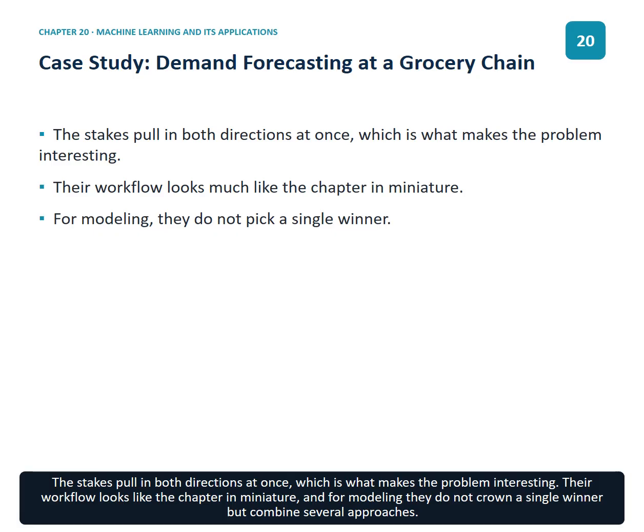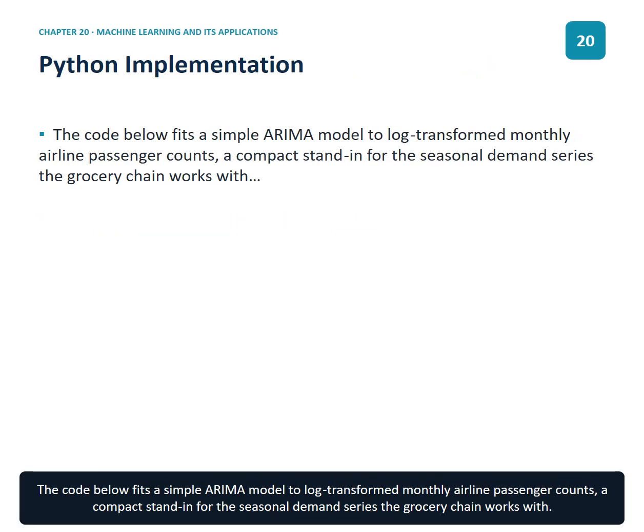Their workflow looks like the chapter in miniature, and for modeling, they do not crown a single winner, but combine several approaches. The code below fits a simple ARIMA model to log transformed monthly airline passenger counts, a compact stand-in for the seasonal demand series the grocery chain works with.